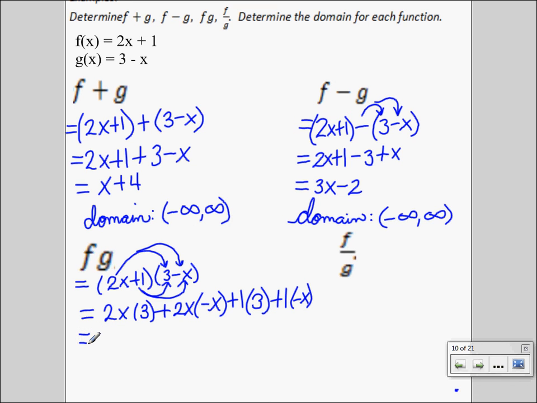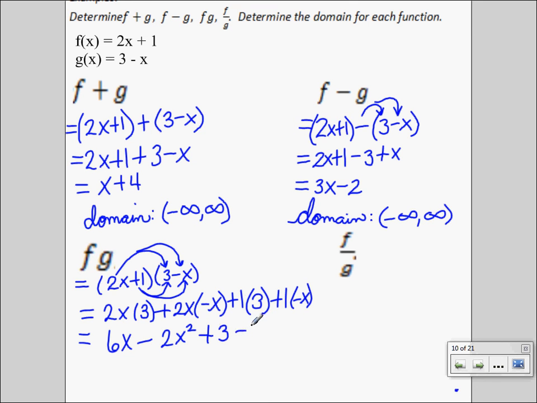Now let's go through and simplify. 2x times 3 is 6x. And then 2x times minus x is a negative 2x squared. And we have 1 times 3 is 3.